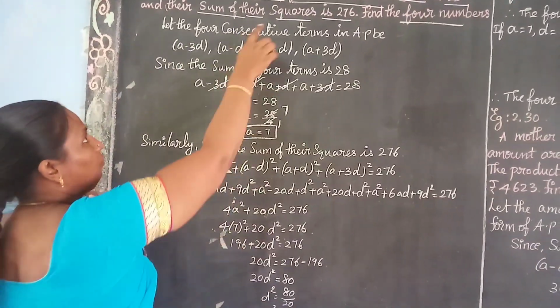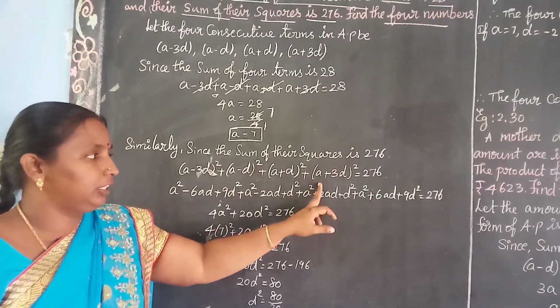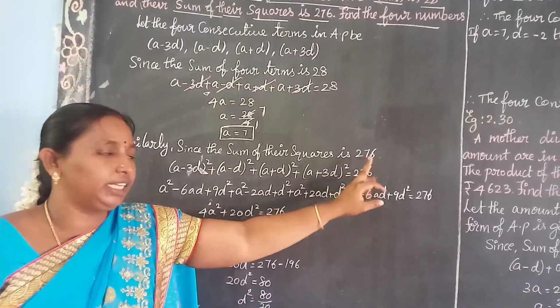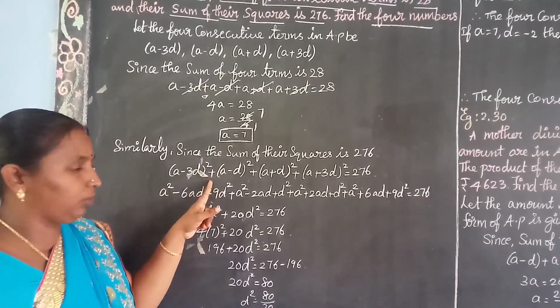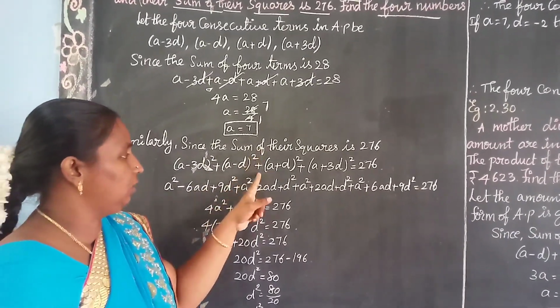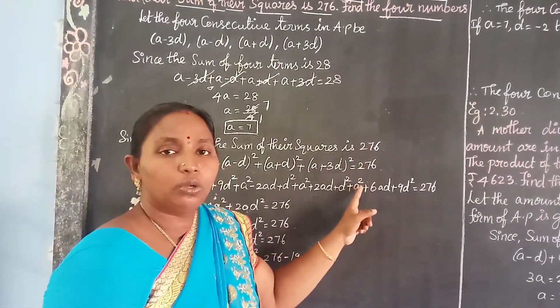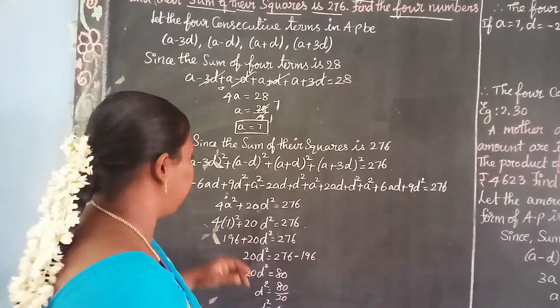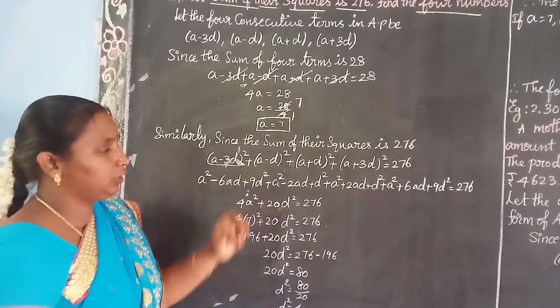They have given the sum of their squares. So you have to square first and then add these 4 terms. You will get 276. So you may write a minus 3d whole square plus a minus d whole square plus a plus d whole square plus a plus 3d whole square equal to 276. Now see this, it is in the form a minus b whole square.